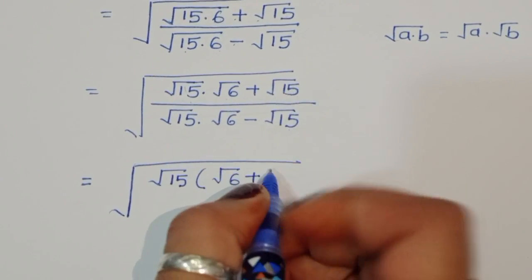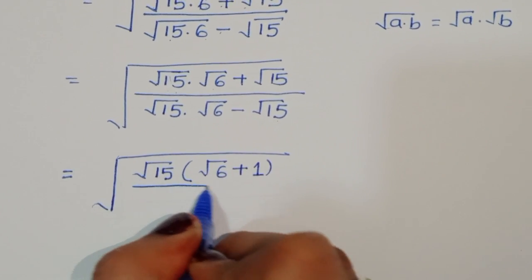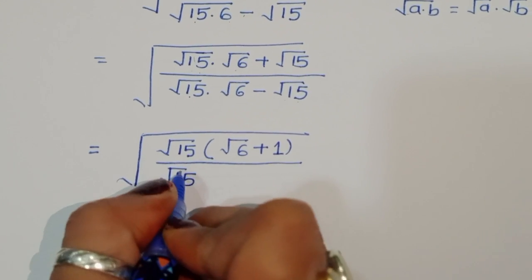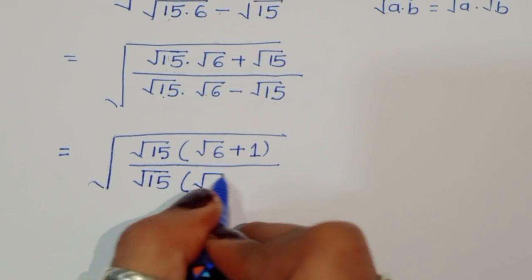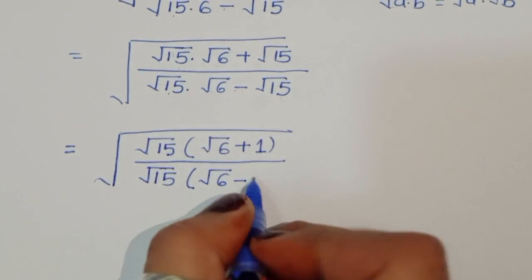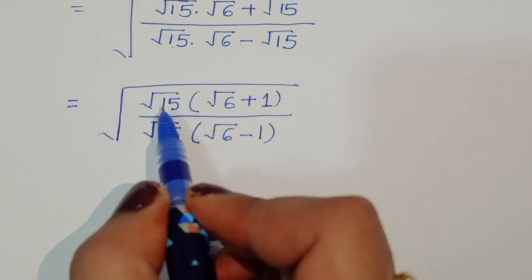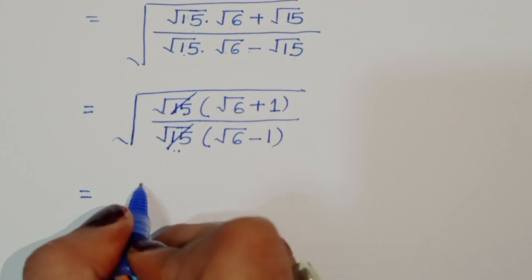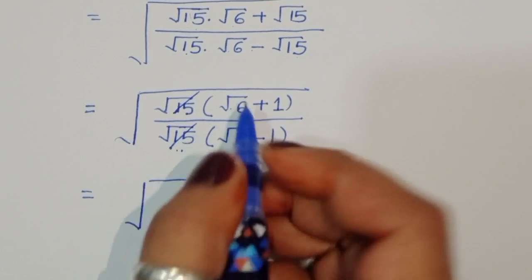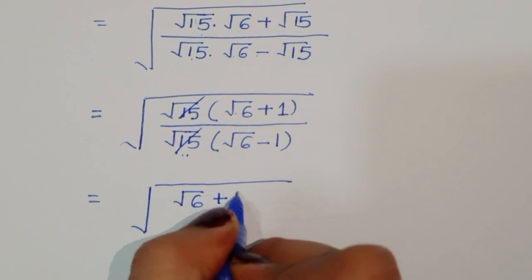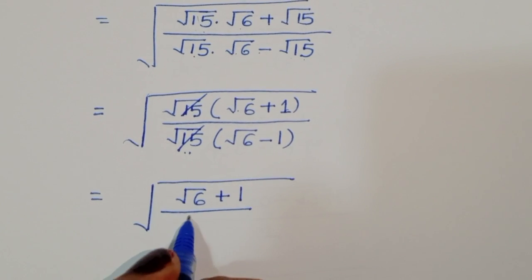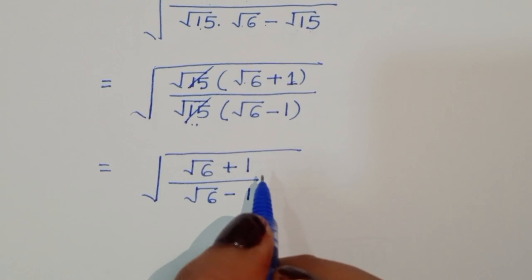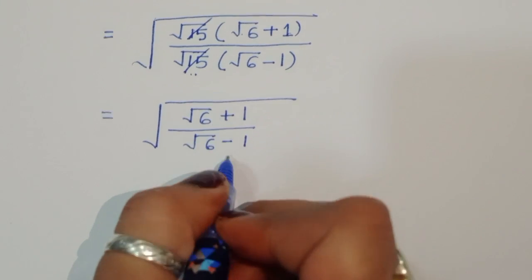Square root of 15 cancels out. Now we got square root of 6 plus 1 divided by square root of 6 minus 1.